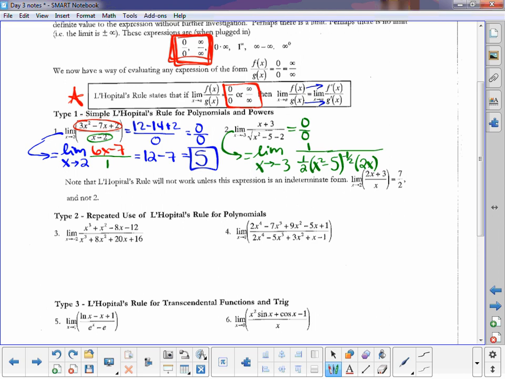Did we get that for our derivative of the bottom? Got the chain rule piece in there? Very good, very good. Okay, let's go and clean this up a little bit.